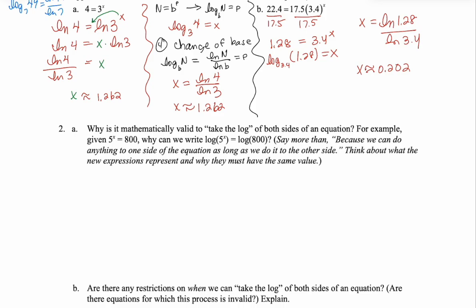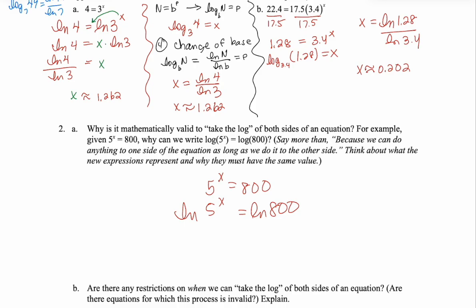So let's look at 2A. Now, they throw a log on both sides. I tend to throw a natural log on both sides. It doesn't matter. It's going to work both ways. So let's stick a natural log on both sides. Now, if in the instructions they say for iMath they use log, this technique works.